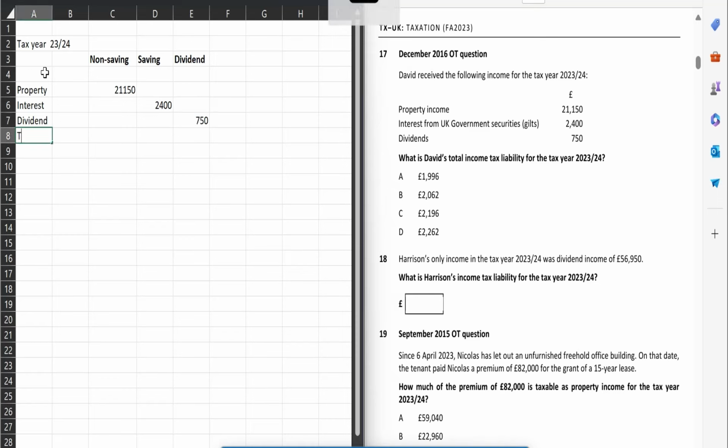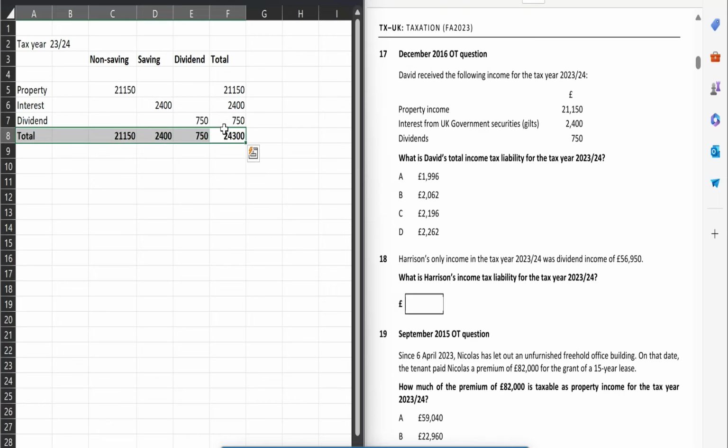Okay, fine. Now we will make one separate column for the total, and here we will pull down the respective amount of each income.